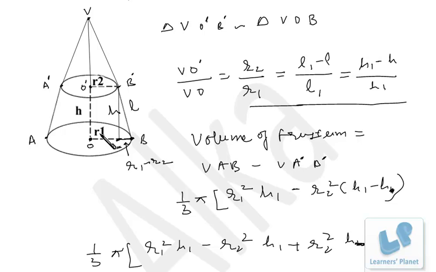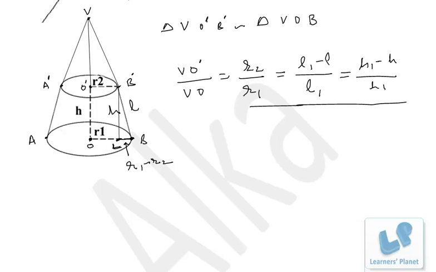Now let's find out the surface area of this frustum. Suppose we have to find the curved surface area of this frustum. Again, you can very well see from this entire cone, the curved surface area of a cone is pi r l. So for this entire cone, it will be pi r1 and the total slant length is l1. This is the curved surface area of this bigger cone, right?